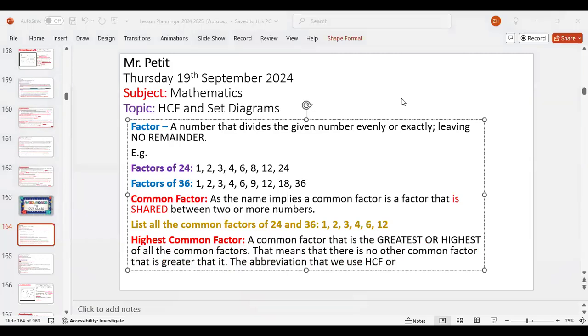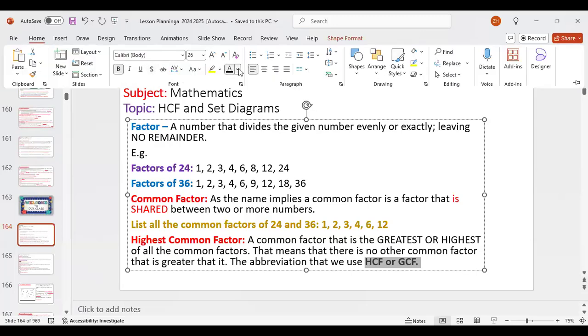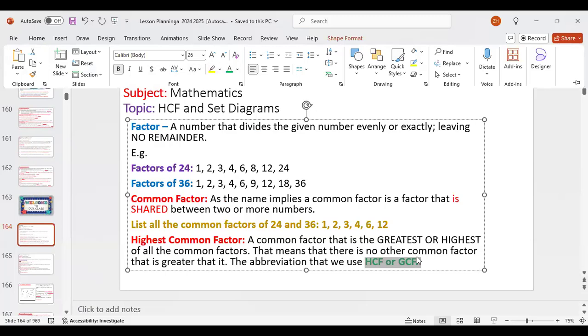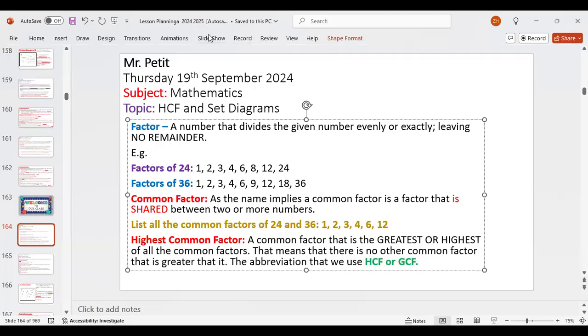No. Is it GCF? GCF. HCF or GCF. So what does HCF mean? Highest common factor. What does GCF mean? Greatest common factor. All right.